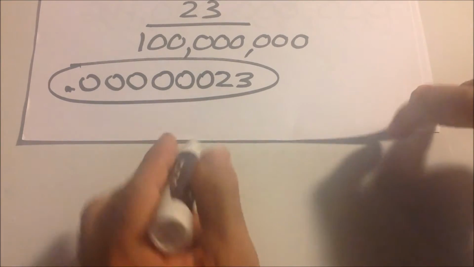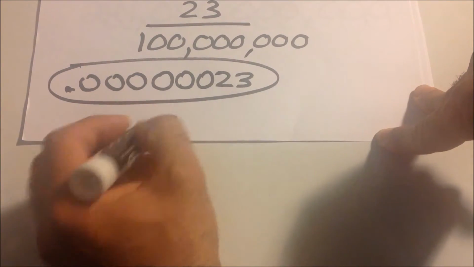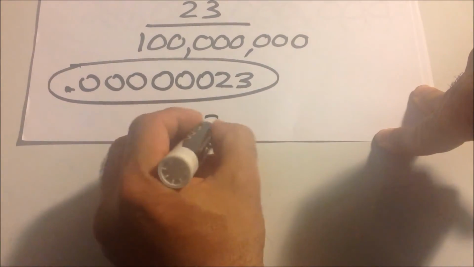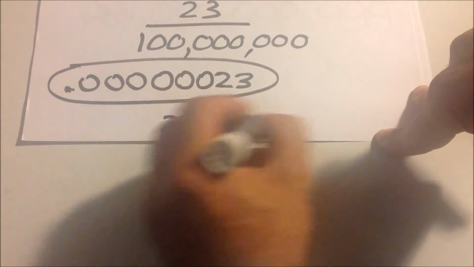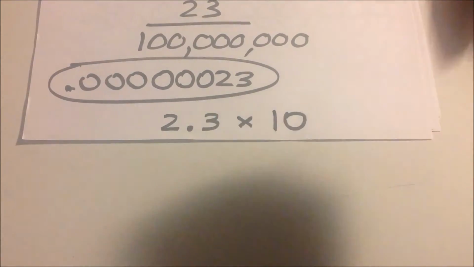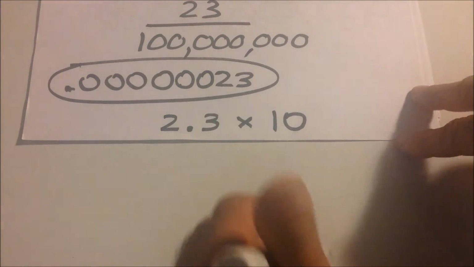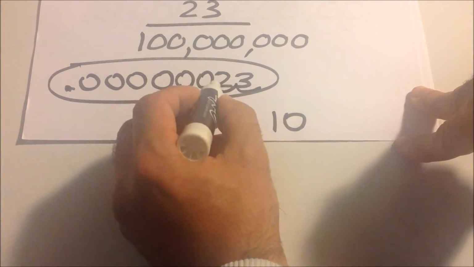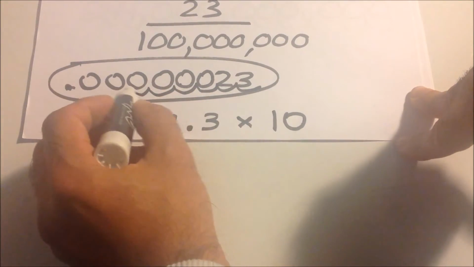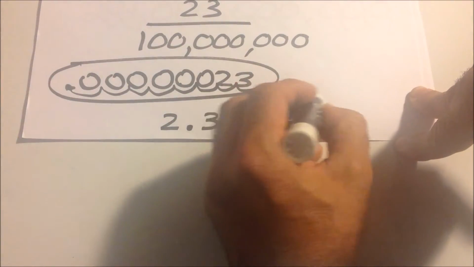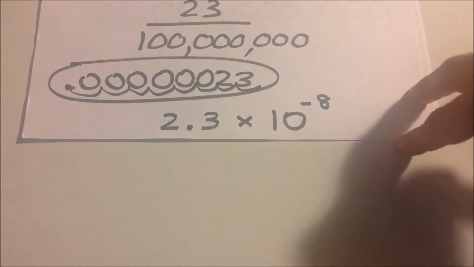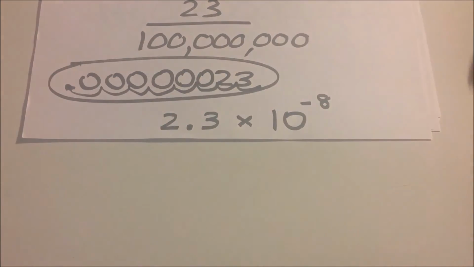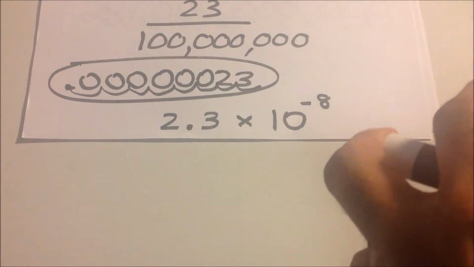So again, with scientific notation, we're going to take the first number 2, put a decimal, put a 3. We don't put zeros unless the 0 comes before one of the numbers. We want a negative now. So if the decimal was here, how many spaces? 1, 2, 3, 4, 5, 6, 7, 8. Negative 8. Okay, so that's in scientific notation.